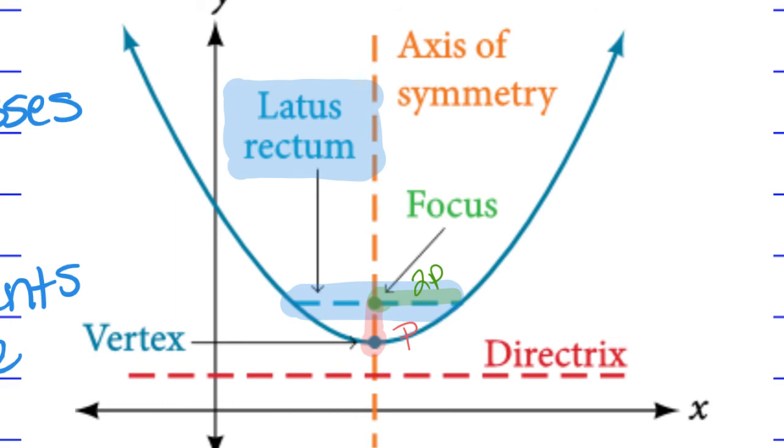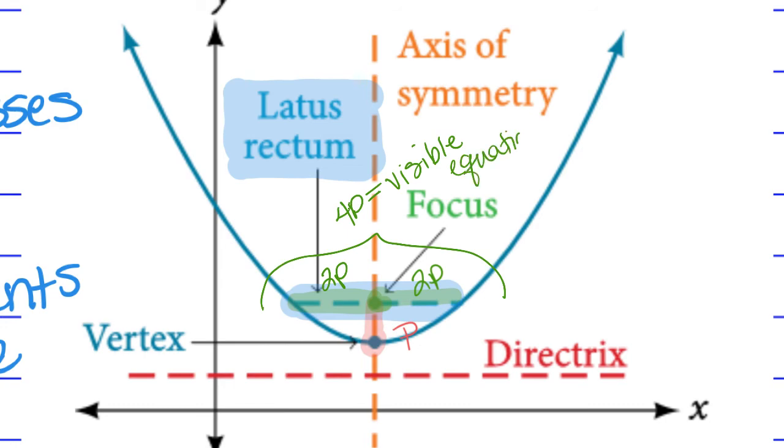It does travel both left and right, or up and down, depending on how your parabola opens. In this case, we're going to travel left to right. It is 2p units on the left, 2p units on the right, for a total distance of 4p, which is also going to be quite visible in your equation.